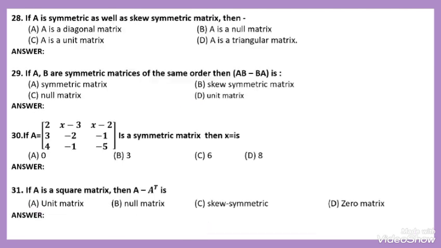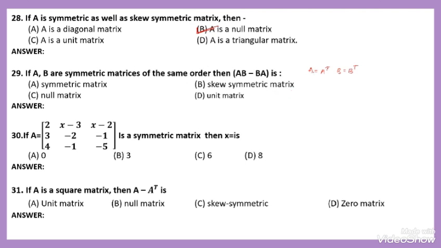Next question. If a matrix is symmetric as well as skew symmetric, then it should be a null matrix. If A and B are symmetric matrices of the same order, A is equal to A transpose and B is equal to B transpose.